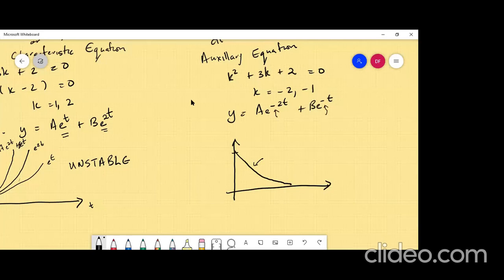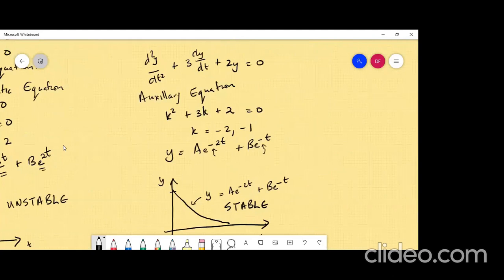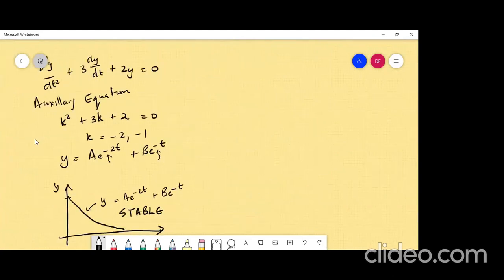So my question again now, based on the discussion that we have had before, is this stable, unstable or marginally stable? Stable, sir. So this one is stable. Like I said, not notes, just establishing an argument. All right, so next one.